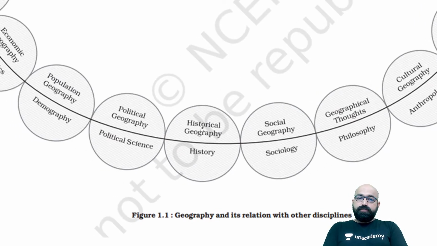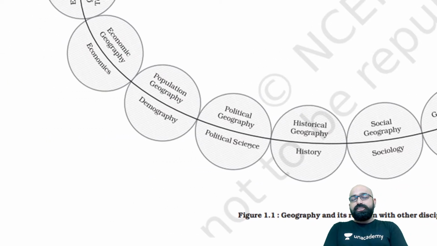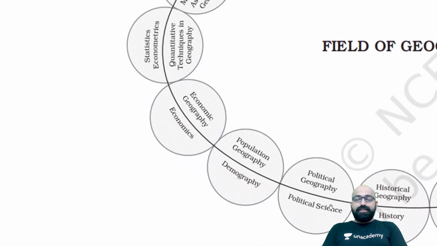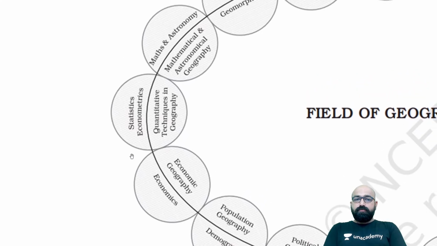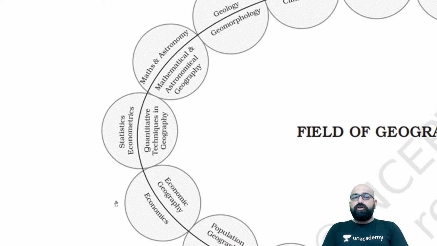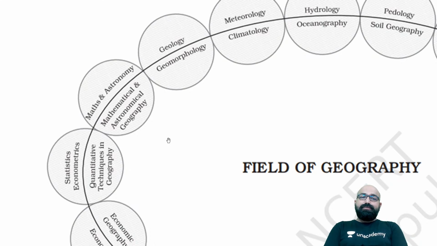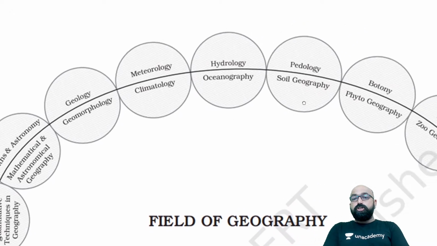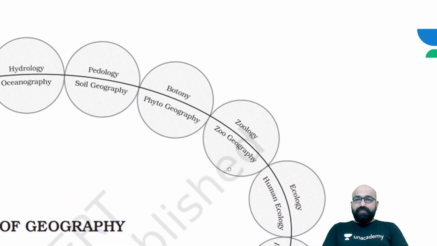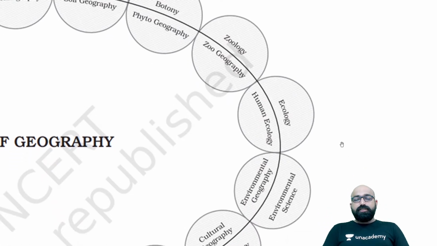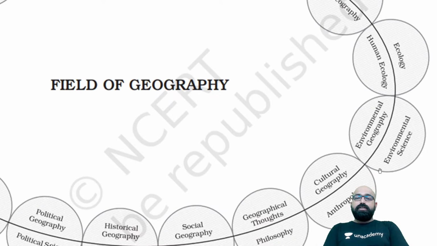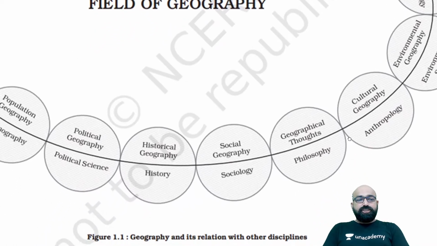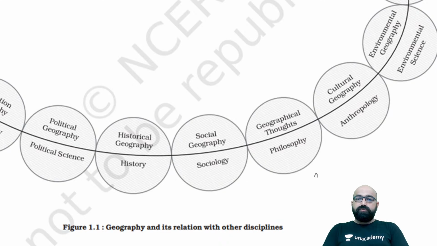that is sociology, historical geography, history, political geography, political science, population geography, that is demography, economic geography, economics, statistics, econometrics, that is quantitative techniques in geography, then maths and astronomy, that is mathematical and astronomical geography, then geomorphology in geology, climatology in meteorology, oceanography in hydrology, soil geography, that is pedology, phytogeography, botany, zoogeography, zoology, human ecology, the part of ecology, then environmental geography with environmental science, cultural geography with anthropology, geographical thought with philosophy.